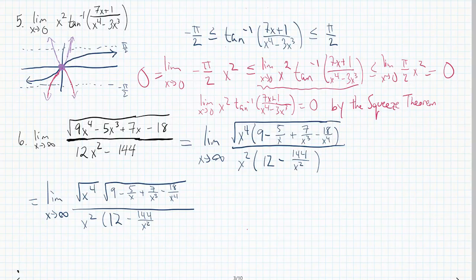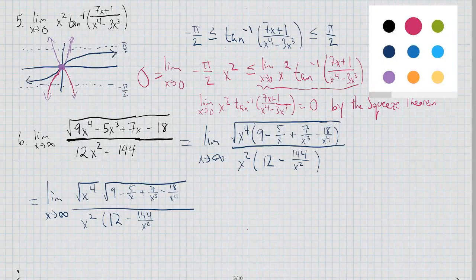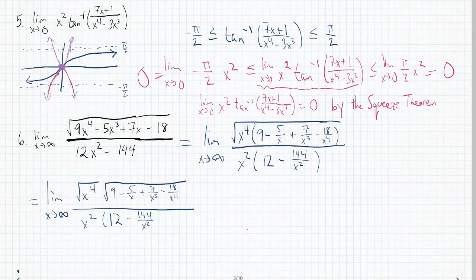Now, an easier way for us to write that: if you take a square root of x to the 4th, notice you're left with just an x squared. Questions on that part? Because a square root is just raised to the 1/2 power. So what happens is, oops, I forgot to close off that parentheses. When you take x to the 4th to the 1/2 power, you take 4 times 1/2, and that gives you 2. That's where that comes from. And so now our x squareds will cancel, and we're left with a decent limit for us to look at.